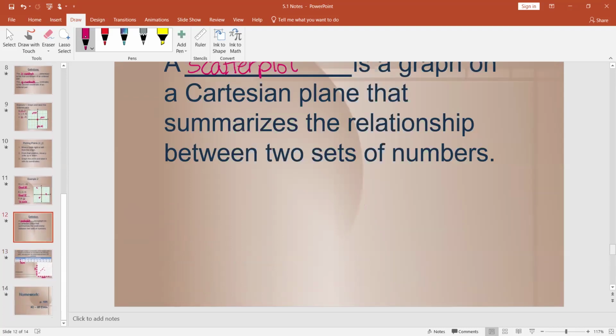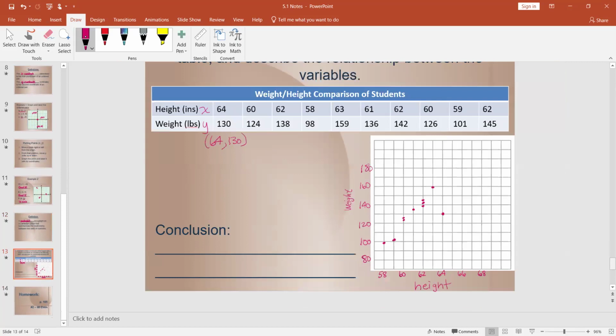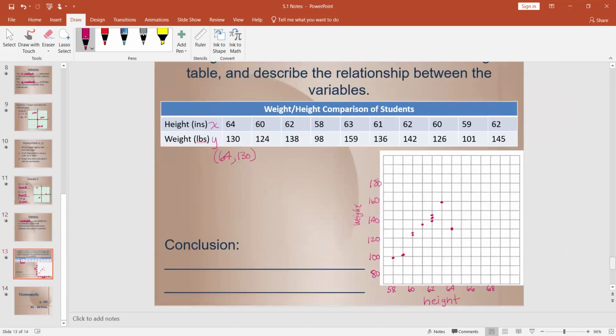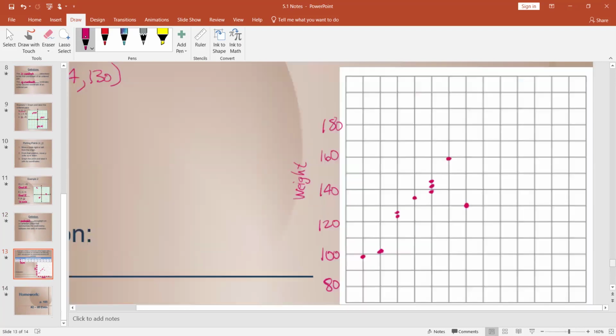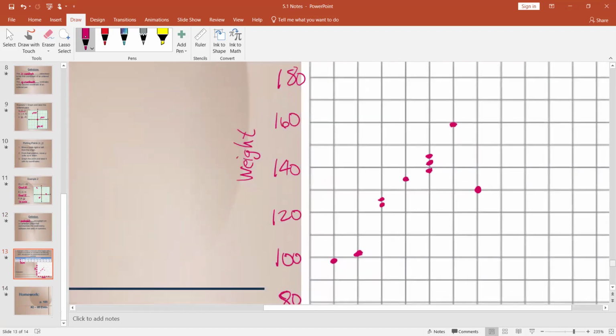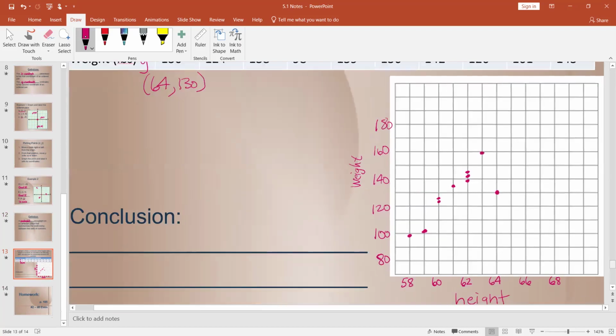Okay, so when we look at this, we need to see how does it look when we see it as one plot? Well, what I'm seeing, obviously there's a big jump there in the middle, but I'm seeing that as the height increases, the weight also increases.